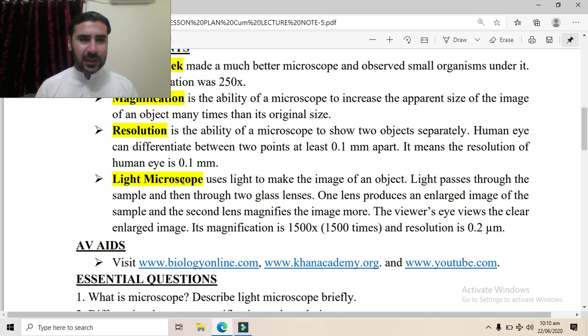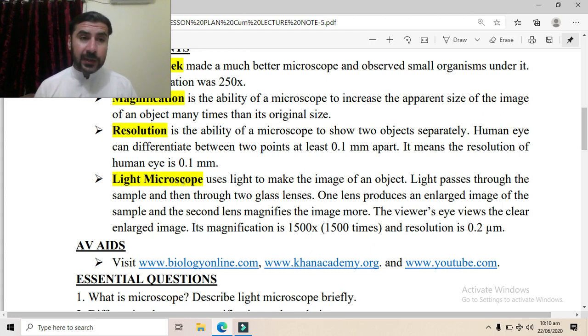Either sunlight, or artificial light inside the lab, or the small light which is present in the microscope. In all cases, these lights are called visible light.